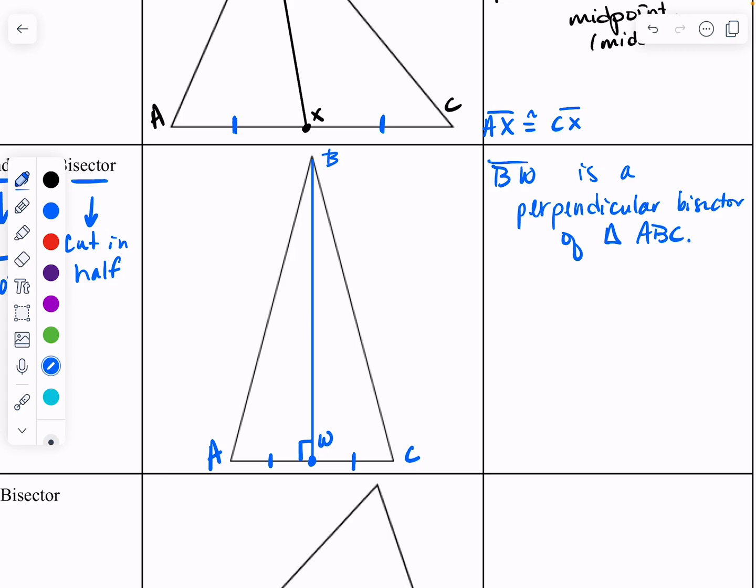So if you know that, and notice I can't say angle W because it's 2 different ones, angle AWB and angle CWB are right angles. We would know that, right? And then we also know that AW is congruent to CW. So this allows us to get some angles and some sides.